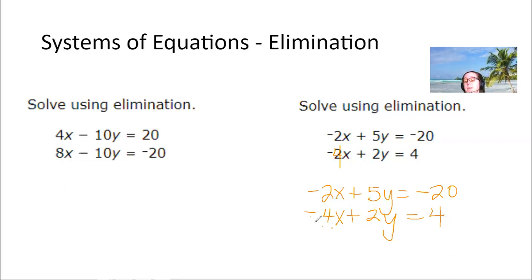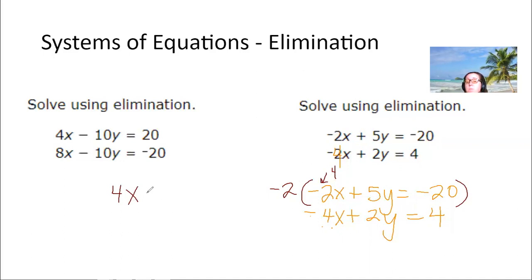If I left it at negative 4 and tried to get the top to cancel, I would need the top to turn into a positive 4. The only way to do that is to multiply the whole thing by negative 2. Negative 2 times negative 2x would give me 4x.